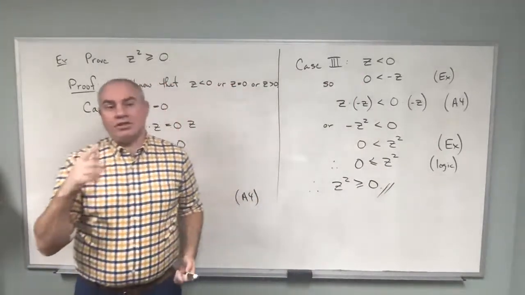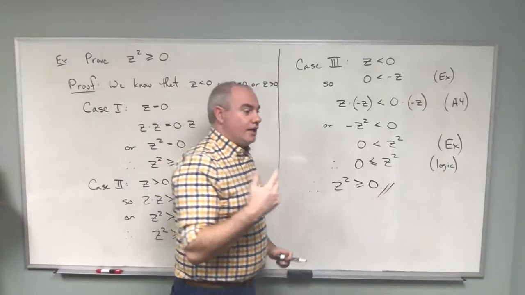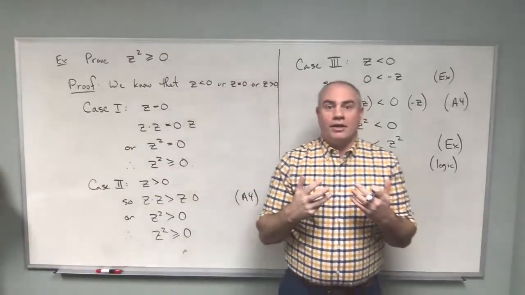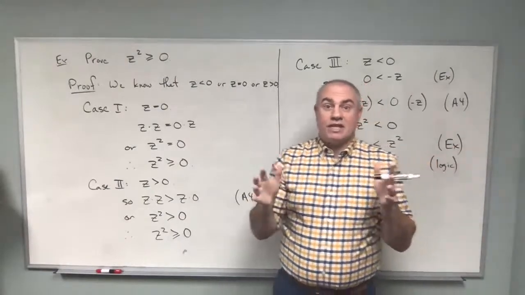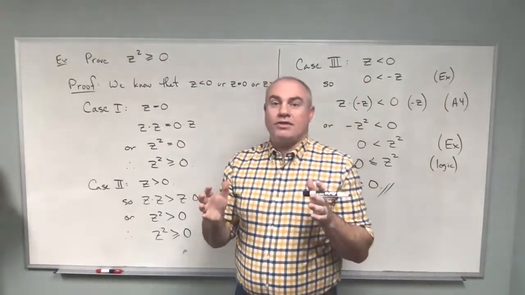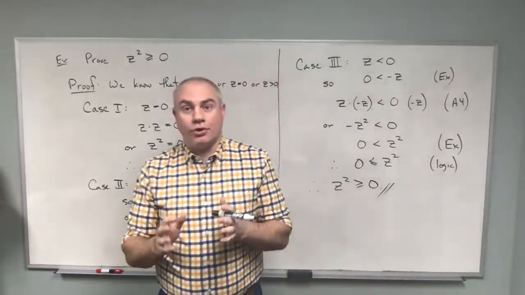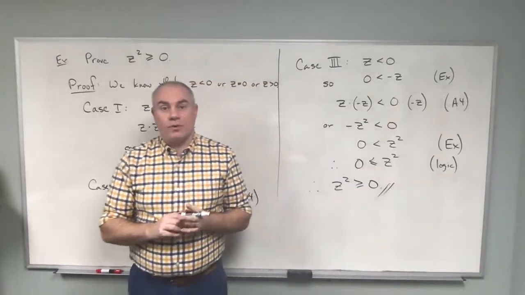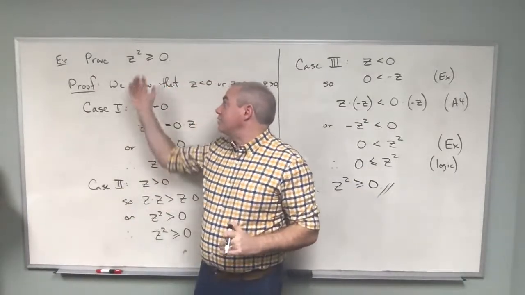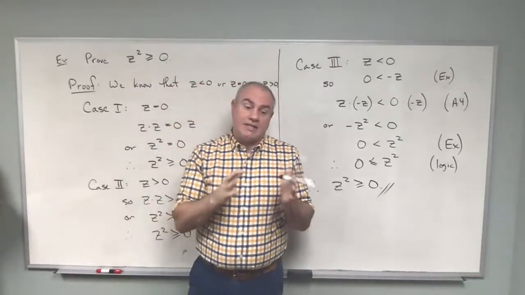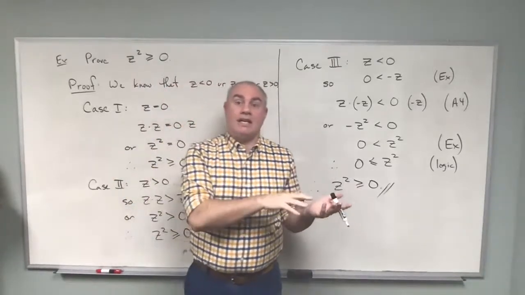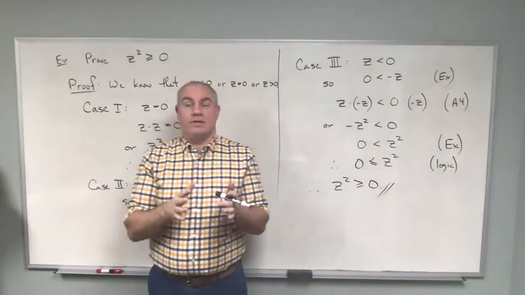This is actually something that comes up a lot: it's very hard to prove something for all cases of z at the same time. So instead of just doing one proof to prove that z squared is greater than or equal to 0, we have to say there are actually some cases here, because z could be negative, z could be positive, z could be 0.